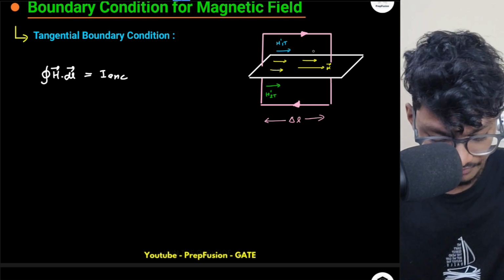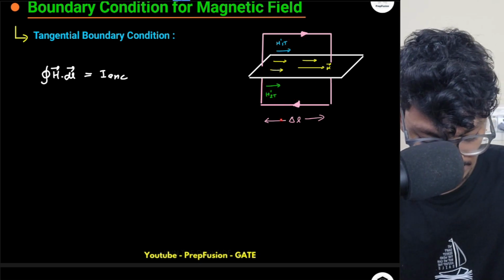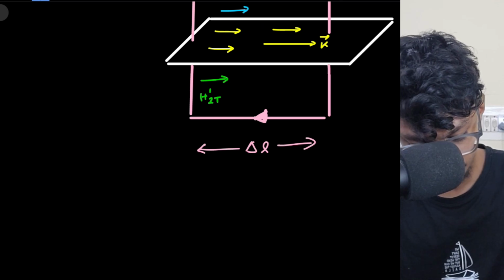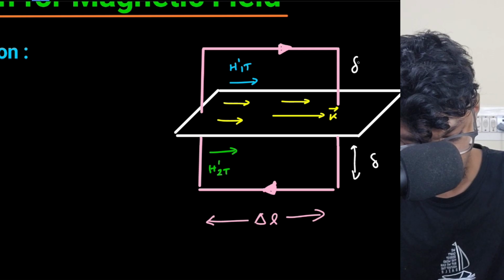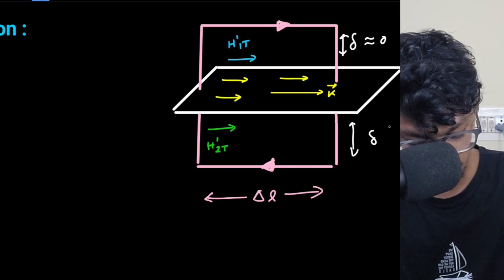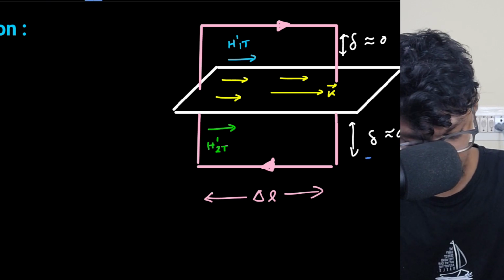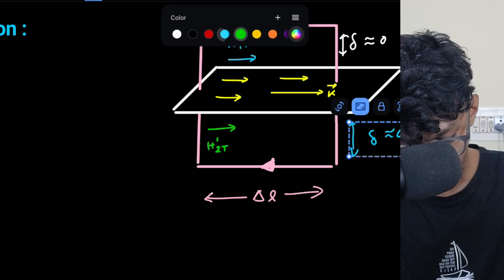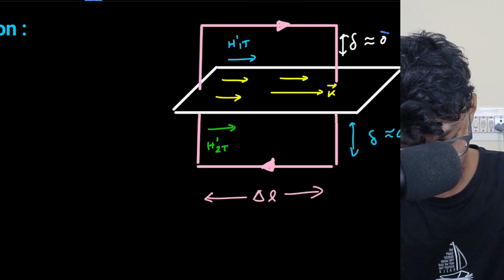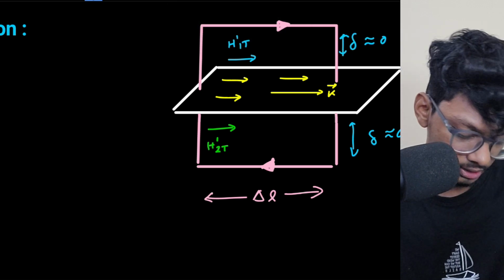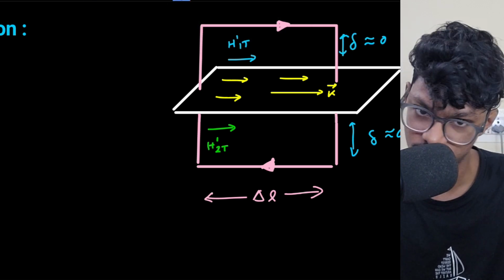So I will choose a rectangle whose length will be some finite delta L, and the height is some small delta, and this delta is almost equal to 0.